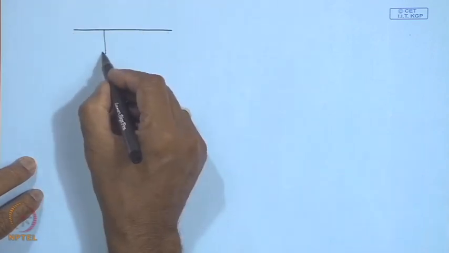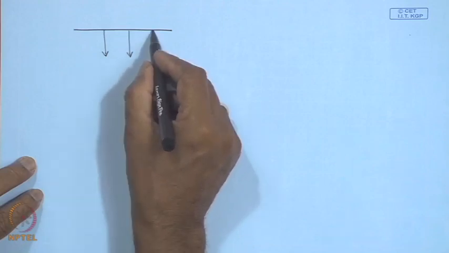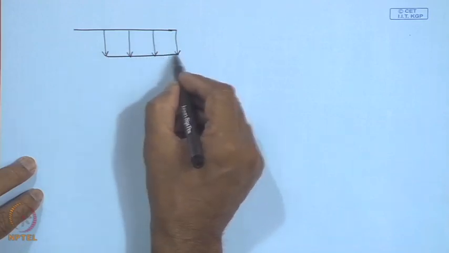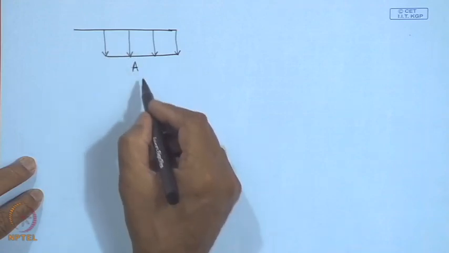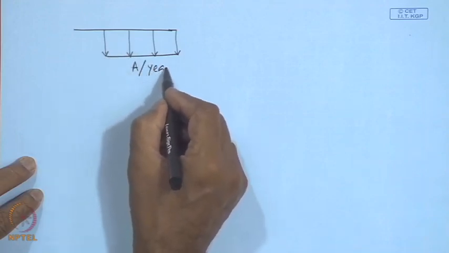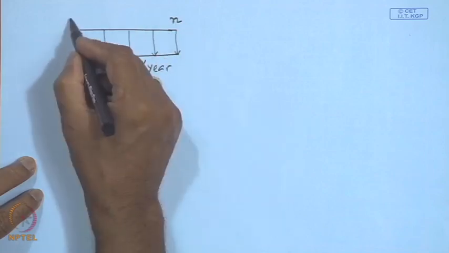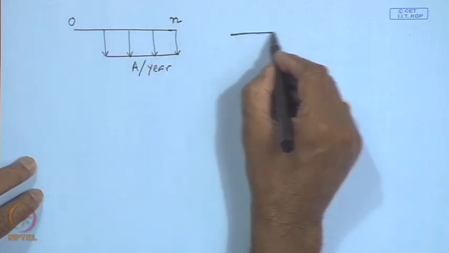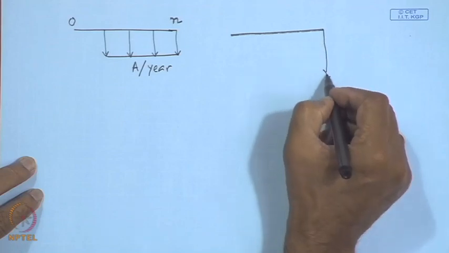That means, we are given A. Remember that A is assumed to take place at the end of the year. So, A per year, this is n, this is 0. We are interested to find out its final sum.